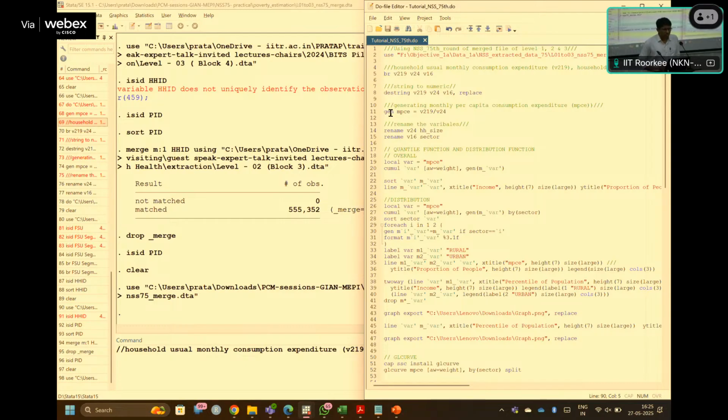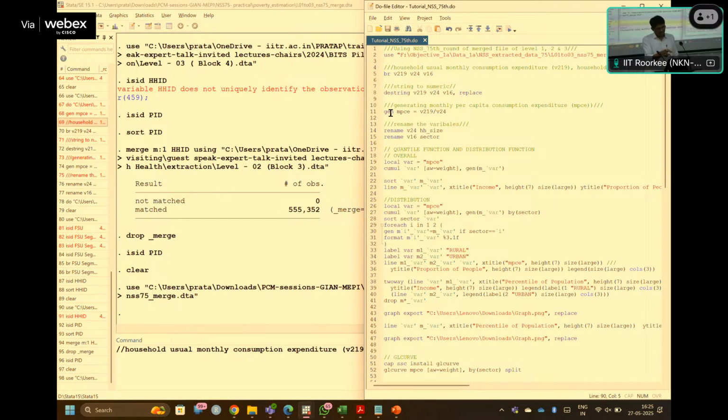The data you have just loaded was merged with the medical expenditure or consumption expenditure of different levels already. Yes, I'll tell you. This is the one we derived after merging the household information. This is already available in the household one. And household with the individual ones, 2 and 3.